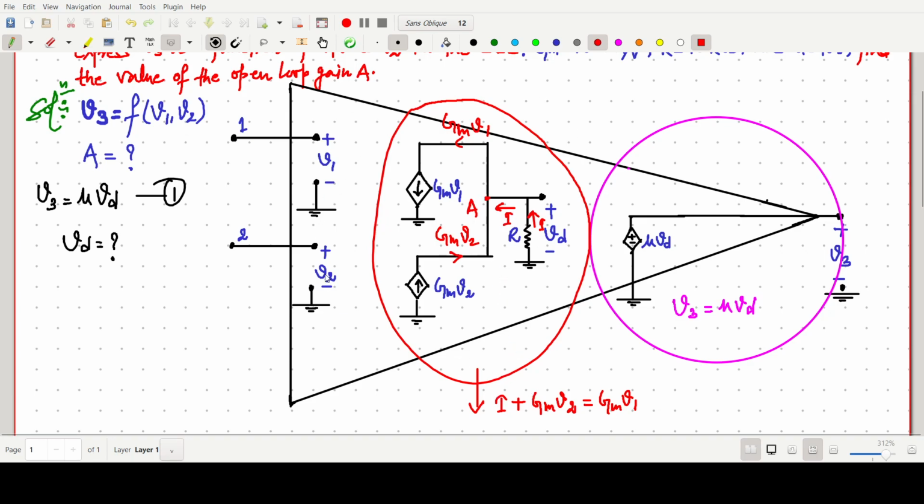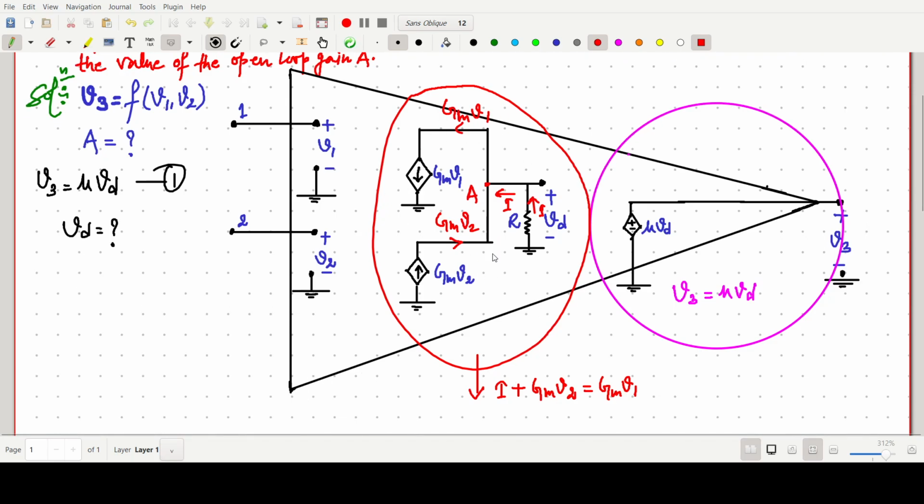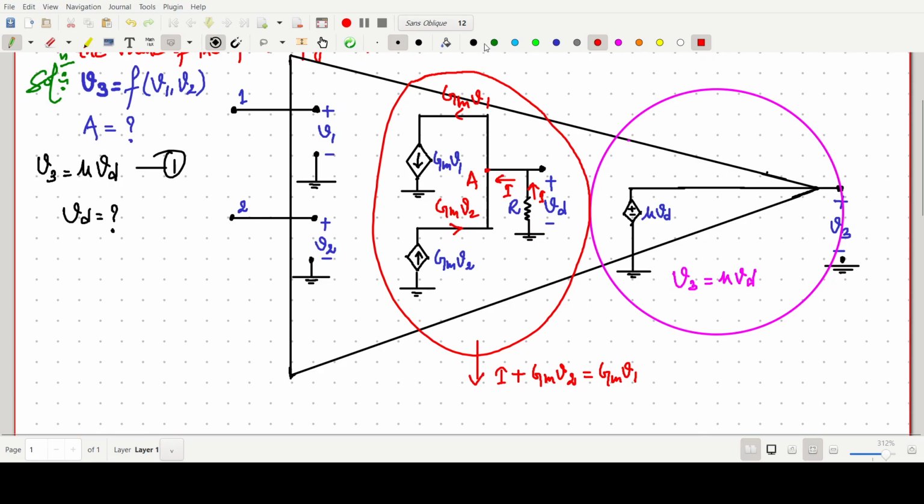You can easily write this from this side. So from here we can directly say the value of I will be gm times (v1 minus v2). So now this current is gm (v1 minus v2).